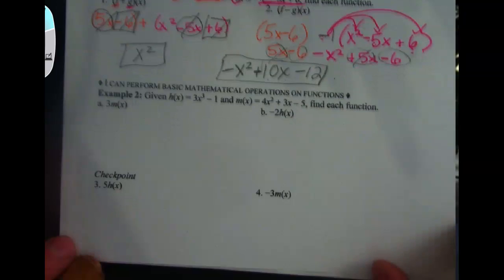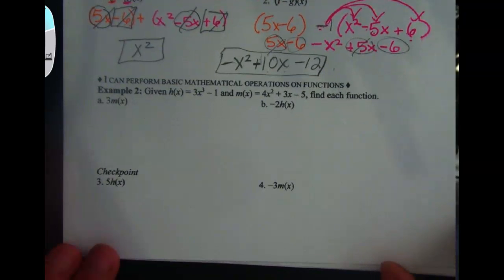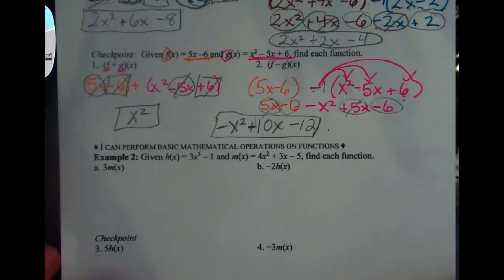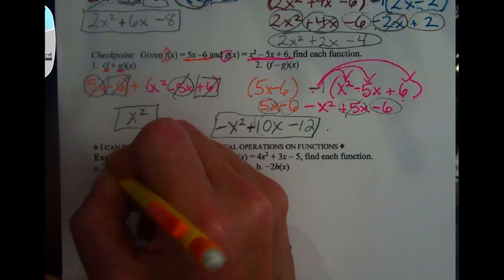So this is going to be multiplication with our operations. This looks a little bit different because it has a number in front of it. However, we are still just translating that to a literal function. We're not plugging in any number for x. We are multiplying a function by something outside of it.